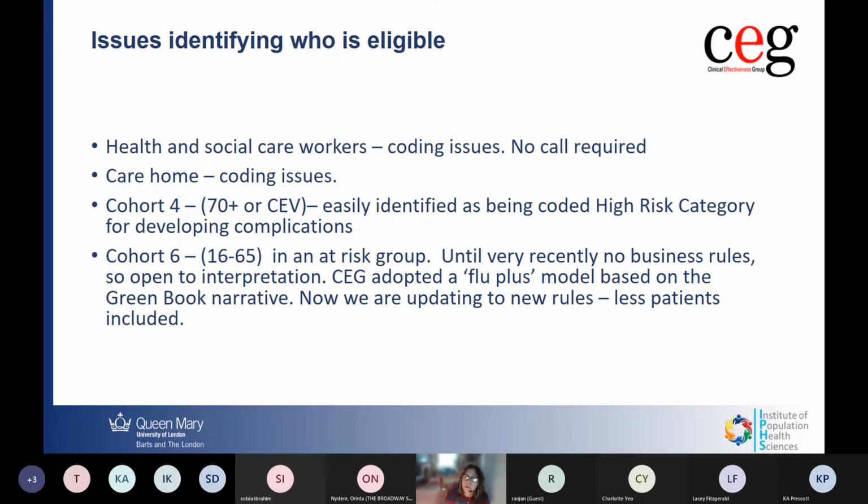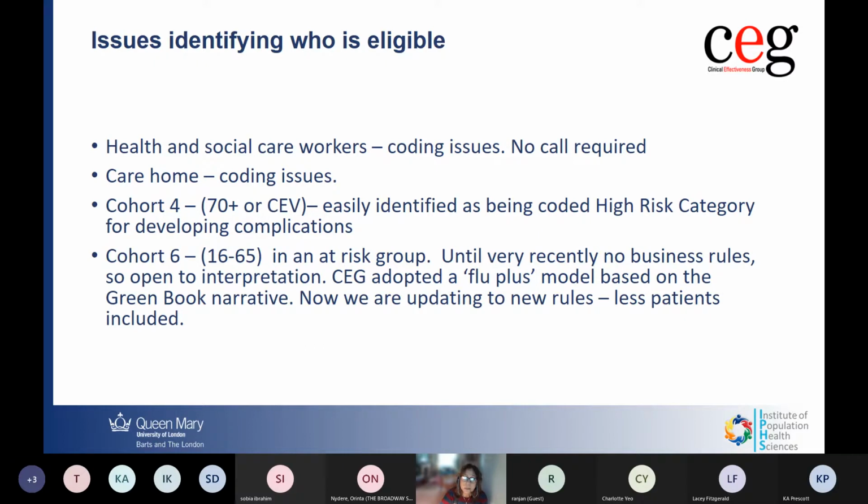As I said, going back to cohort 4, which was the 70 plus or clinically extremely vulnerable, these patients are quite easily identified as they've been coded as in the high risk category for developing complications. As I mentioned earlier, it's the very high risk of severe illness from coronavirus code. Cohort 6, the 16 to 65-year-olds in an at-risk group.